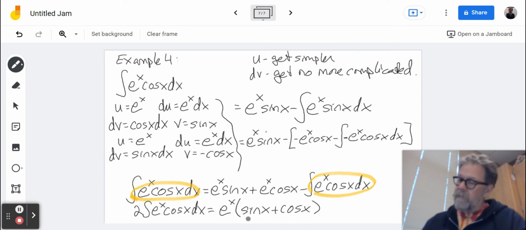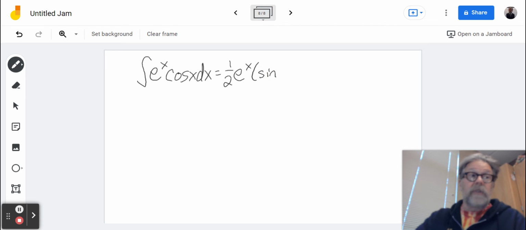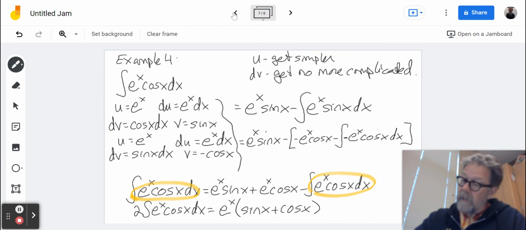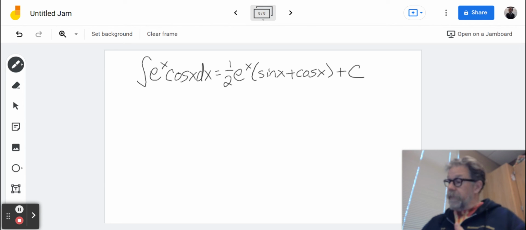And hey, look, if I divide both sides by 2, I get that the integral of e to the x cosine of x, having switched the page, I'm now having to look up at my notes, is equal to 1/2 e to the x times sine x minus cosine of x, plus e to the x sine plus cosine of x, plus a constant.